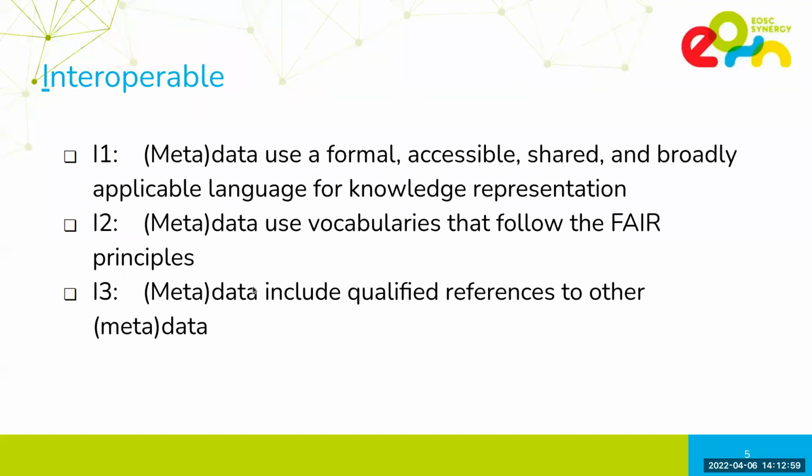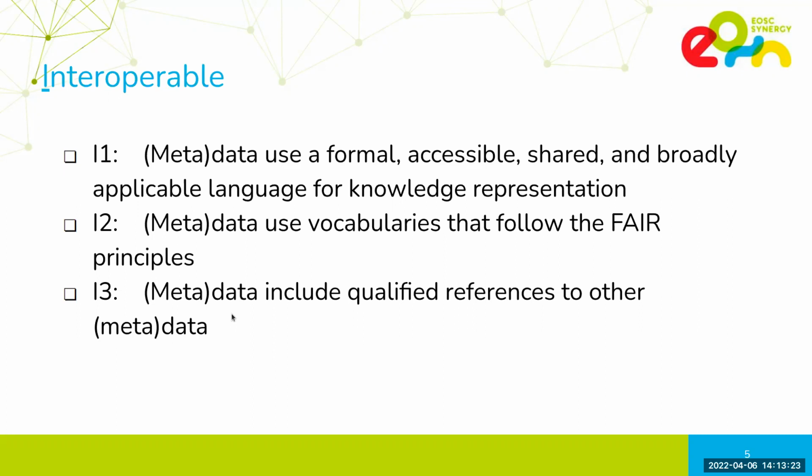Interoperable: the set of indicators that we started to use is, for example, the first one, that the metadata and the data use a formal, accessible, shared, and broadly applicable language for knowledge representation. That means things like controlled vocabularies, etc. And other things like, for example, whether the metadata and the data include qualified references to other metadata.